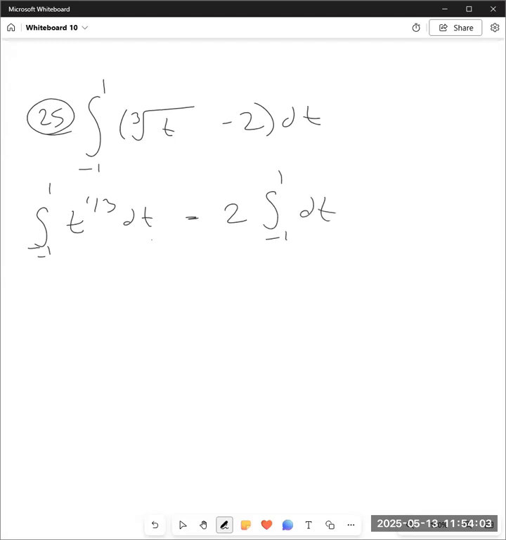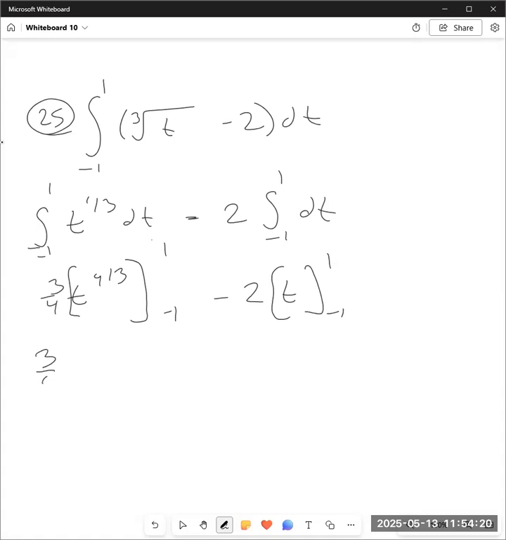So this is going to be t to the 4/3 times 3/4, evaluated from -1 to 1, minus 2t, evaluated from -1 to 1.